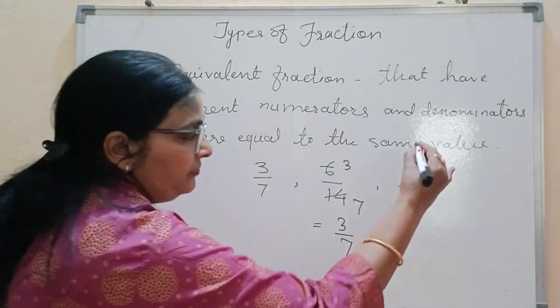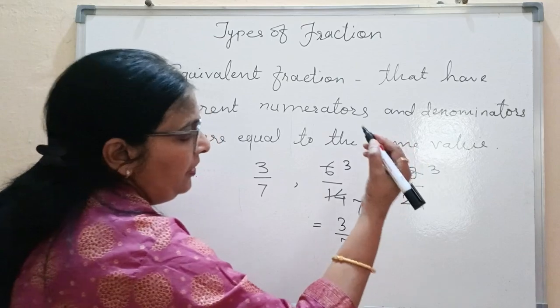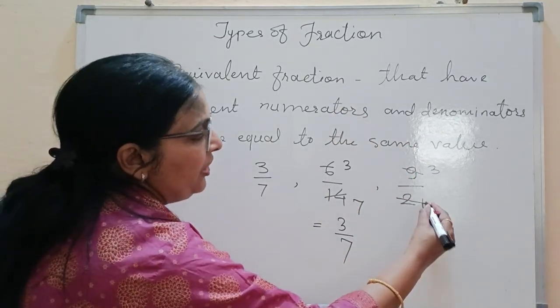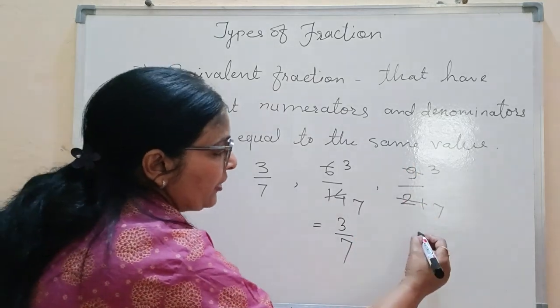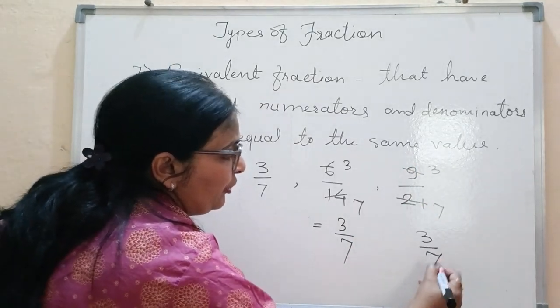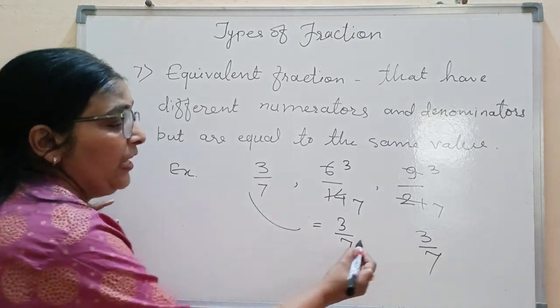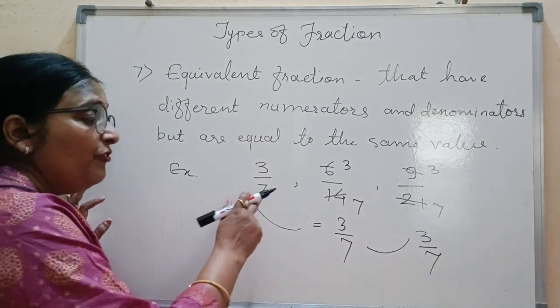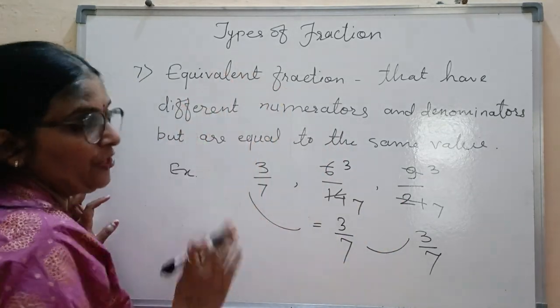Next, again reduce this fraction: 3 3s are 9 and 3 7s are 21. So after reducing this fraction, again you are getting 3/7. As you are getting the same value, these fractions are called equivalent fractions.